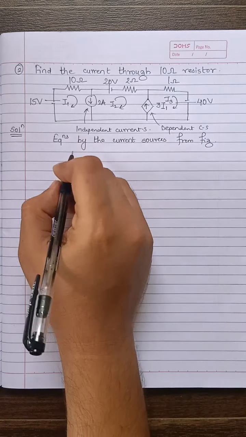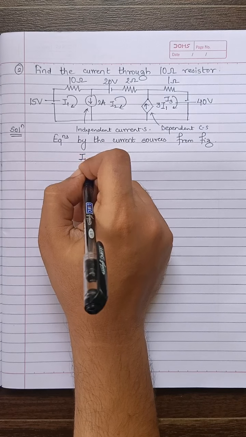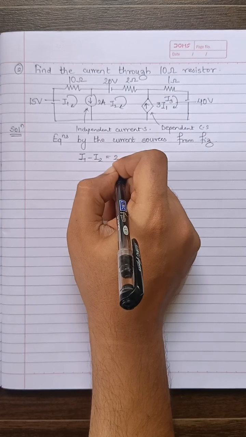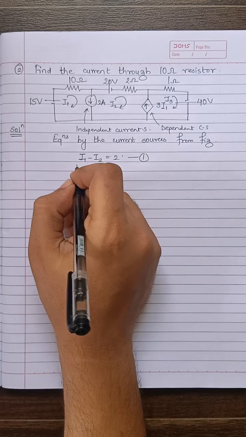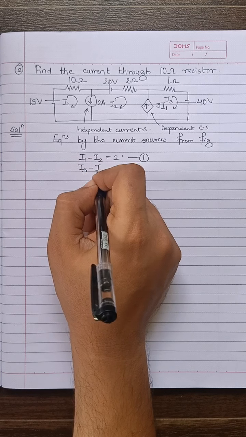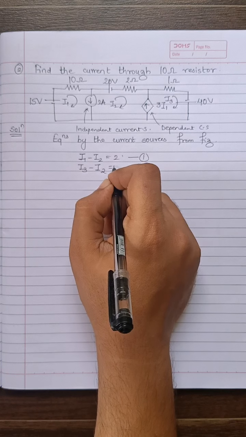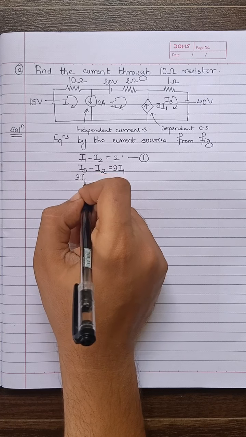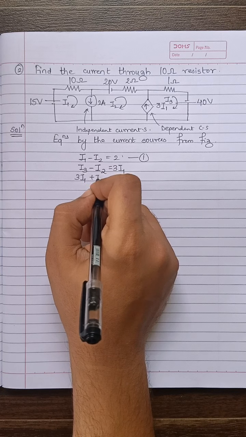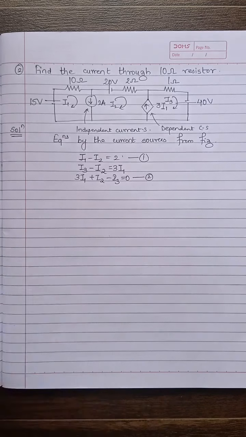So I can say I1 minus I2 is equal to 2 amperes. This is equation number 1, and in this case I3 minus I2 is equal to 3 times I1. So I can say 3 times I1 plus I2 minus I3 equals 0. I can call it equation number 2.